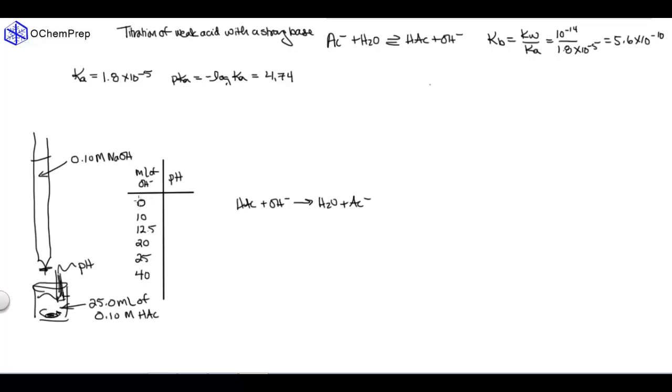Well, at 0, you're just going to use the Ka of acetic acid and an ICE chart like you did in chapter 14 of Zumdahl, which is what we use in our book.